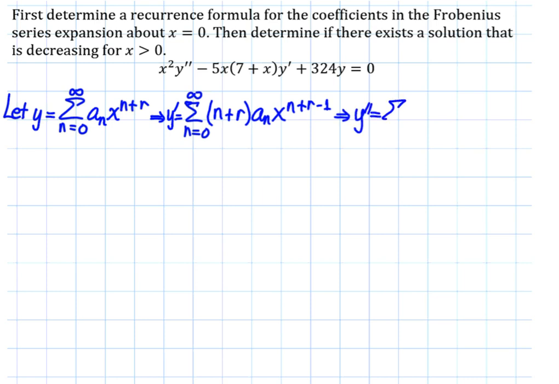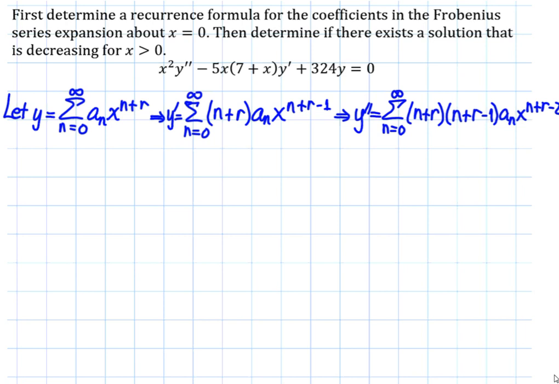And the second derivative. And then we'll substitute that into the original equation.